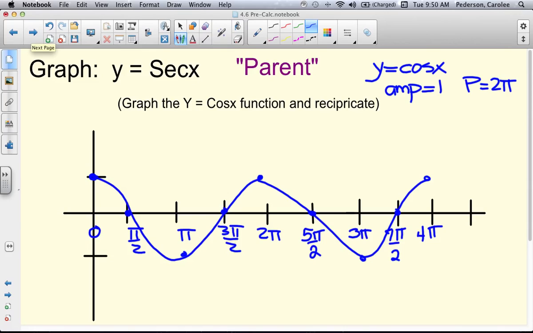Now my asymptotes are going to start at a little different place. If you remember the difference between a cosine function and a sine function, all the difference is a translation, left or right, pi over 2. So when we had that previous example, the asymptote was at 0. Where is this one going to start? Pi over 2.